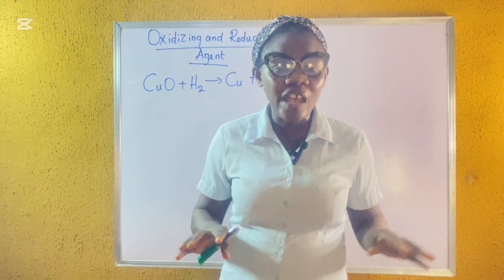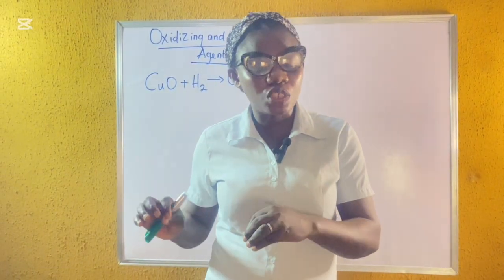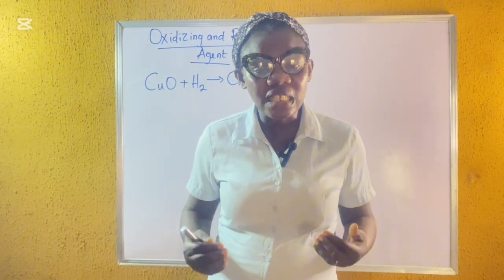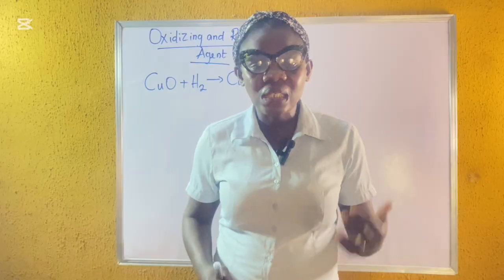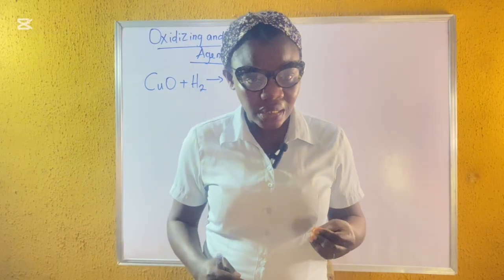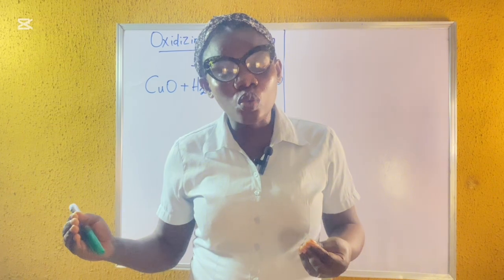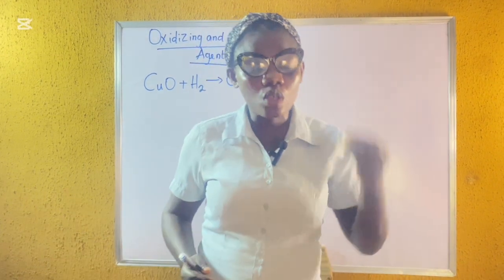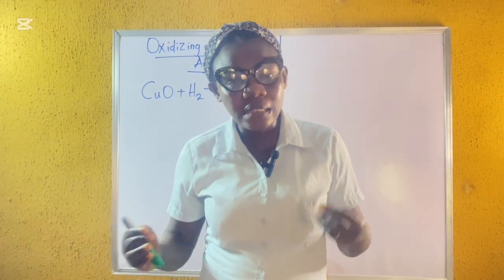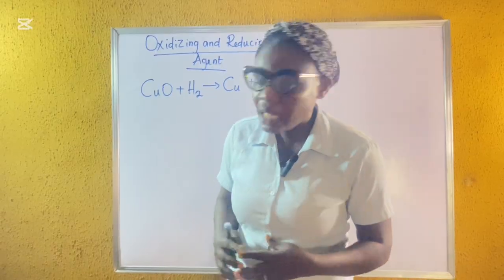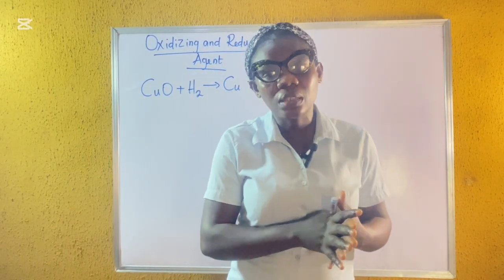So for us to define oxidizing agents and reducing agents, we define them based on what that substance causes. If it is causing oxidation, we will be calling it a term. If it is causing reduction, it has its own term. Now, what is an oxidizing agent?